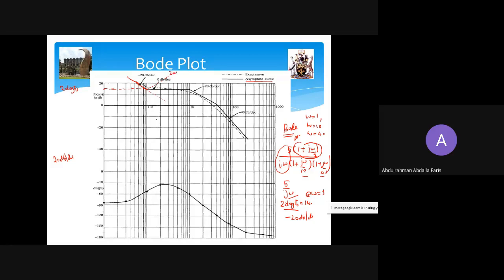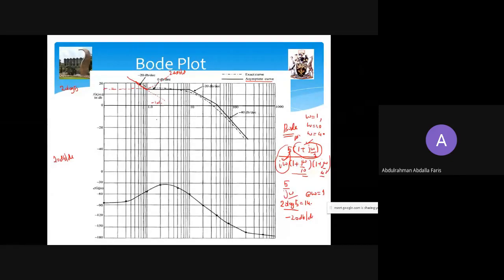Here we have 20 dB per decade, and here we have this line passing through one at minus 20 dB per decade. Since we are dealing with log, it means we can add this and that to get the contribution of this and that, just before it reaches the corner frequency of 10, which at that time will add the contribution of this.